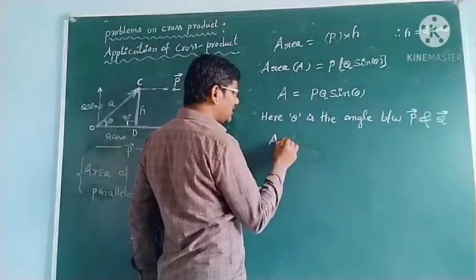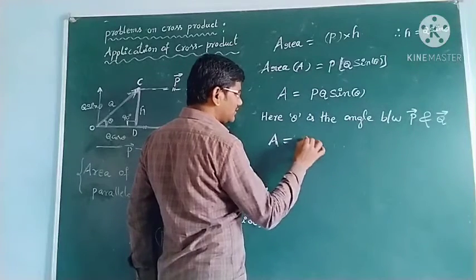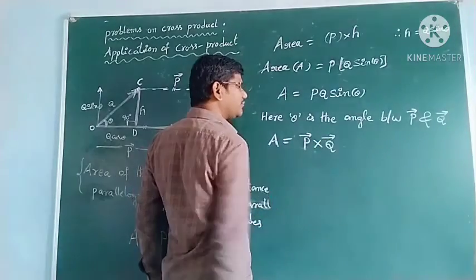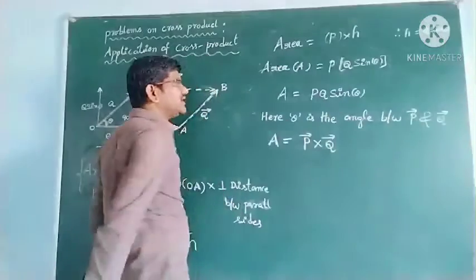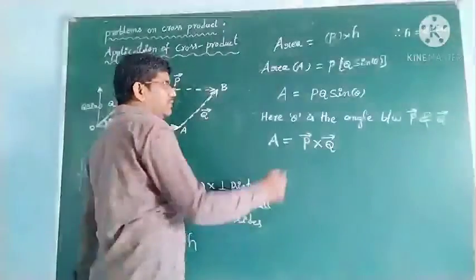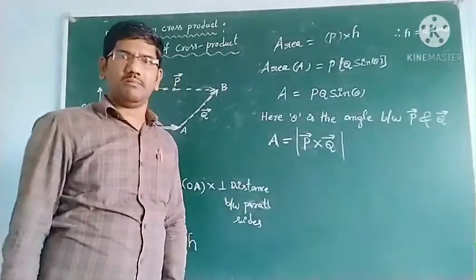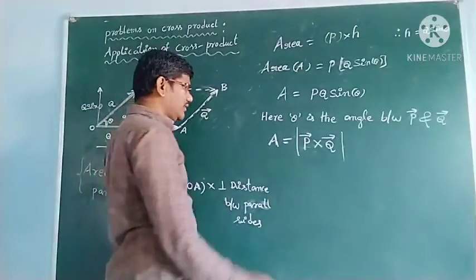We can write it as p bar cross q bar. Okay, p q sin theta is equal to the magnitude of p bar cross q bar. So that's why it is the magnitude of the cross product of two vectors.